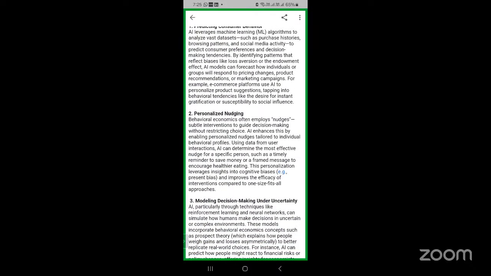Second one, personalized nudging. Behavioral economics often employs nudges, that is, subtle interventions to guide decision making without restricting choice. AI enhances this by enabling personalized nudges tailored to individual behavioral profile.